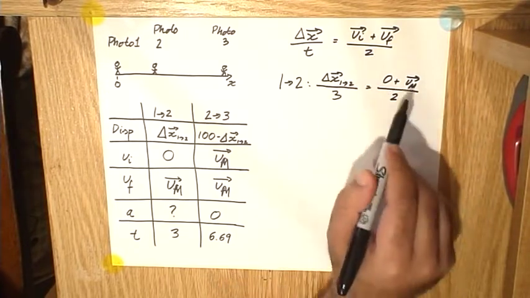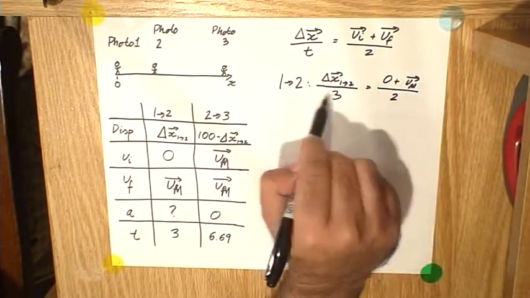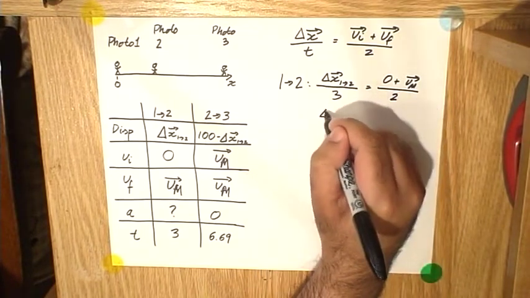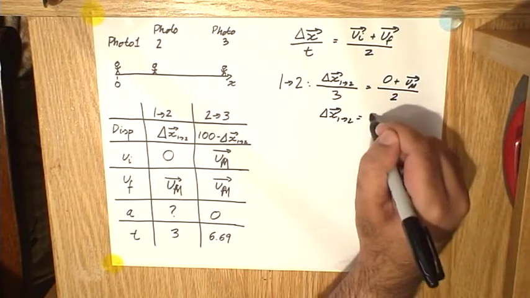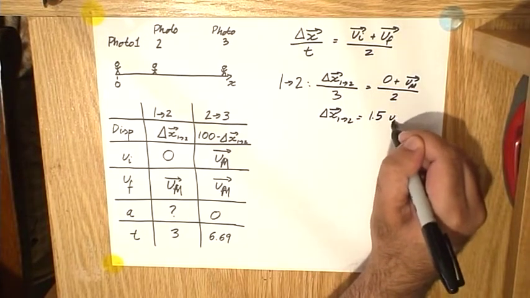So if I were to simplify this, 0 plus v max is v max, and if I multiply both sides by 3, I'm going to get delta x 1 to 2 is equal to 3 over 2, or 1.5, times v max.